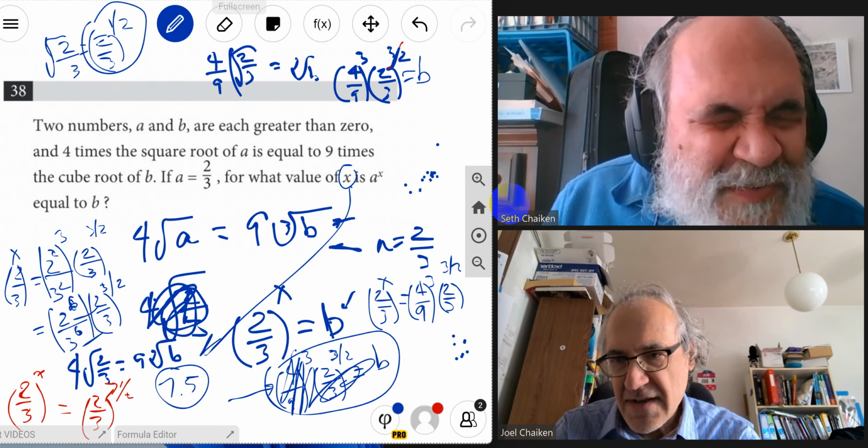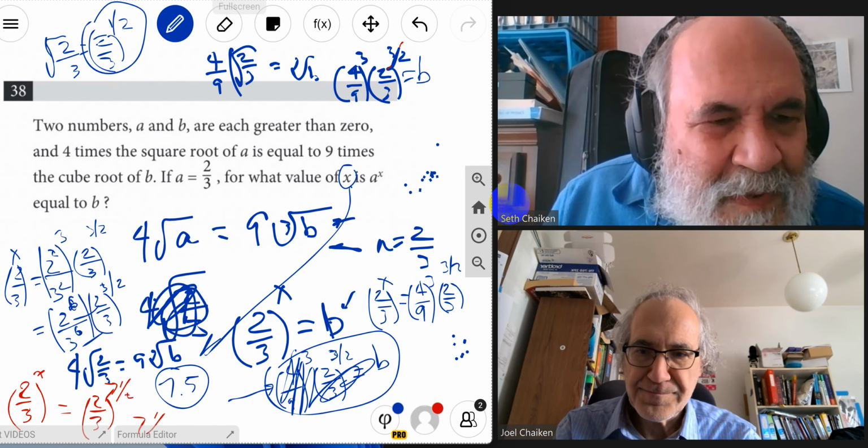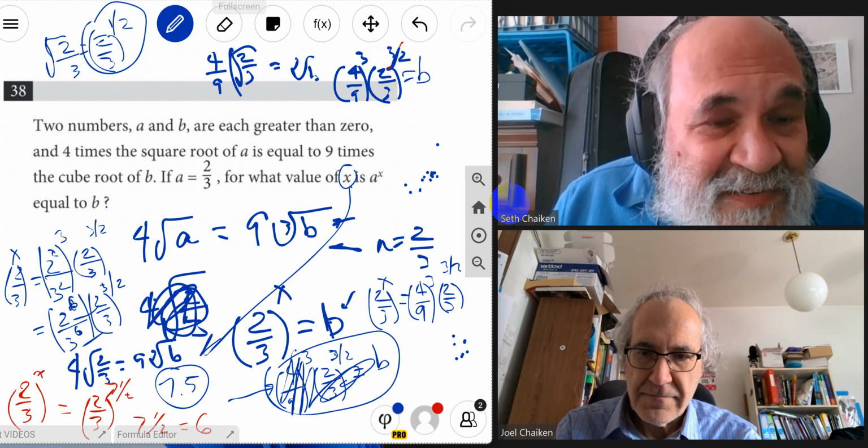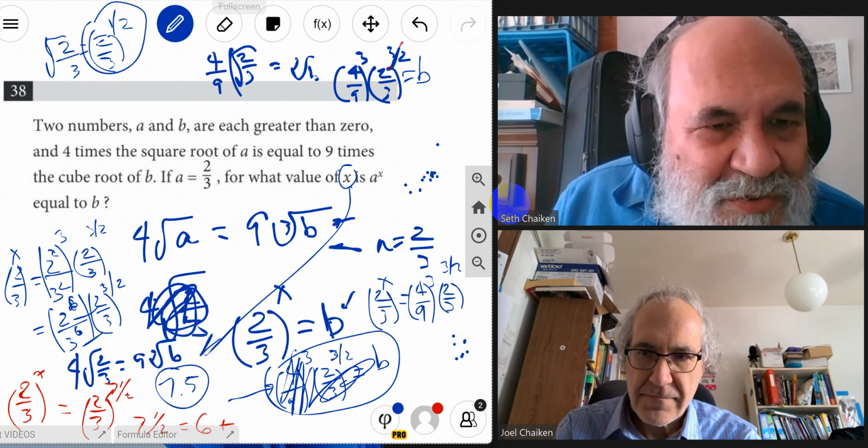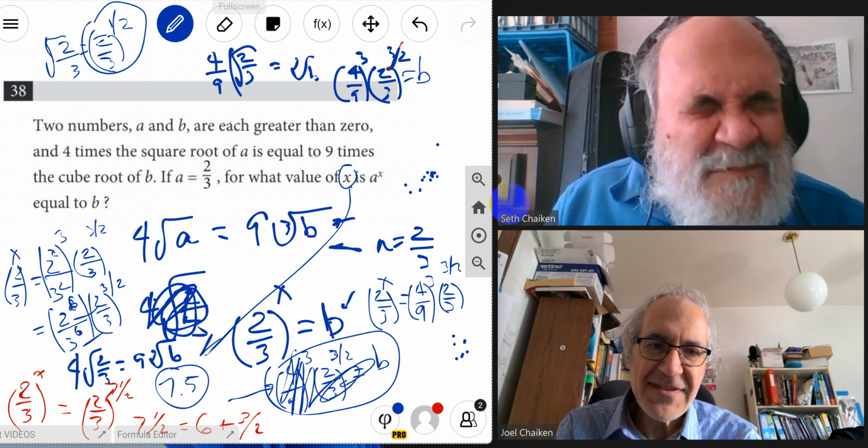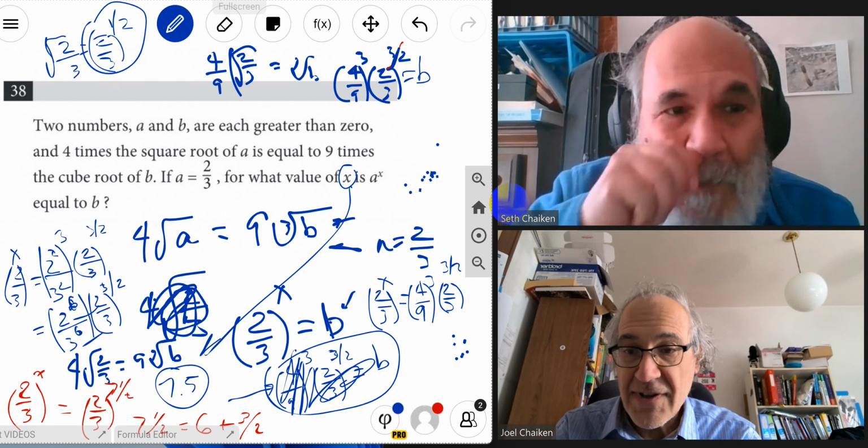And of course, the 7.5 comes from 6 plus 3/2. I made a mistake there when I said a half. I hopefully would have caught that.